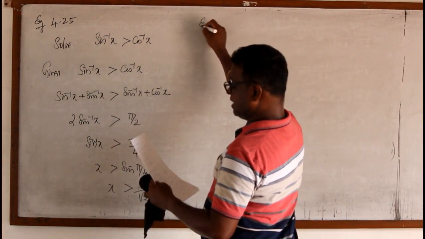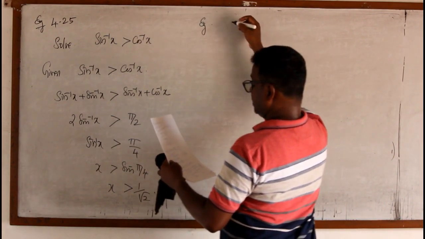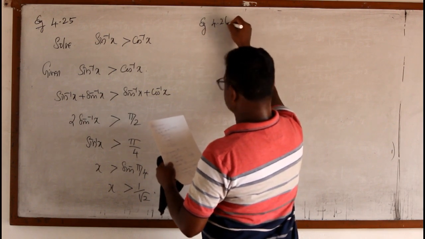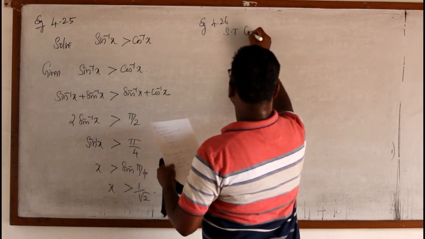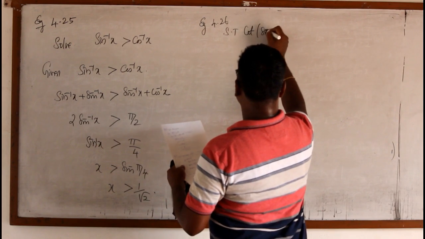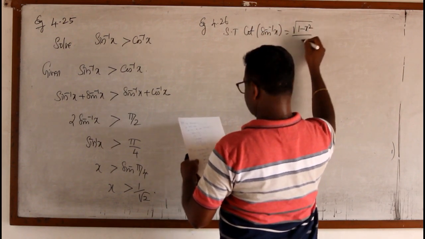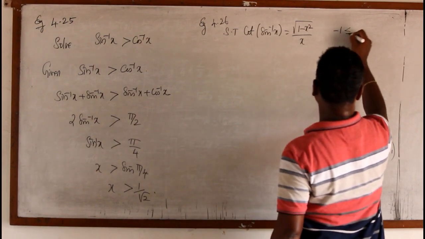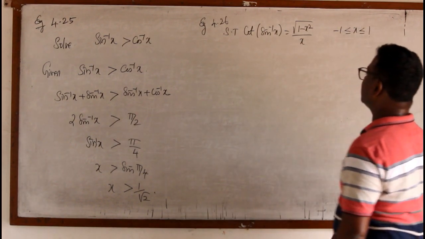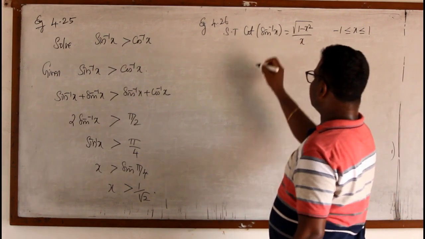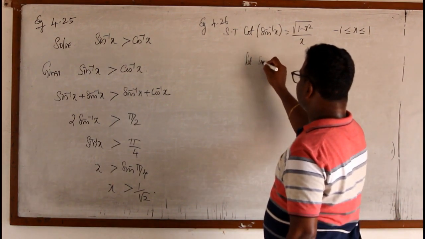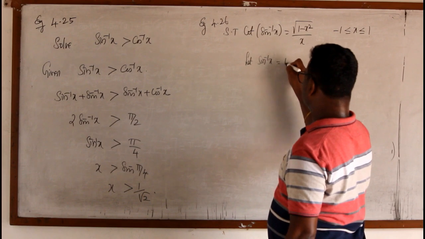Now, example 4.26. Show that cot of sin inverse of x is root of 1 minus x square by x, where minus 1 does not equal x, does not equal 1. Now this is sin inverse of x. Take the bracket. Let sin inverse of x equal to theta.